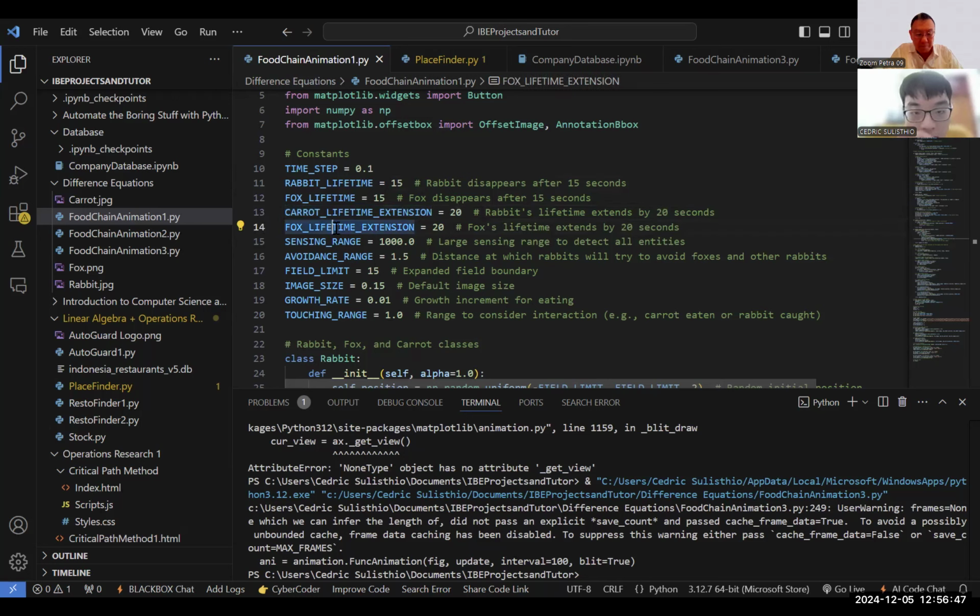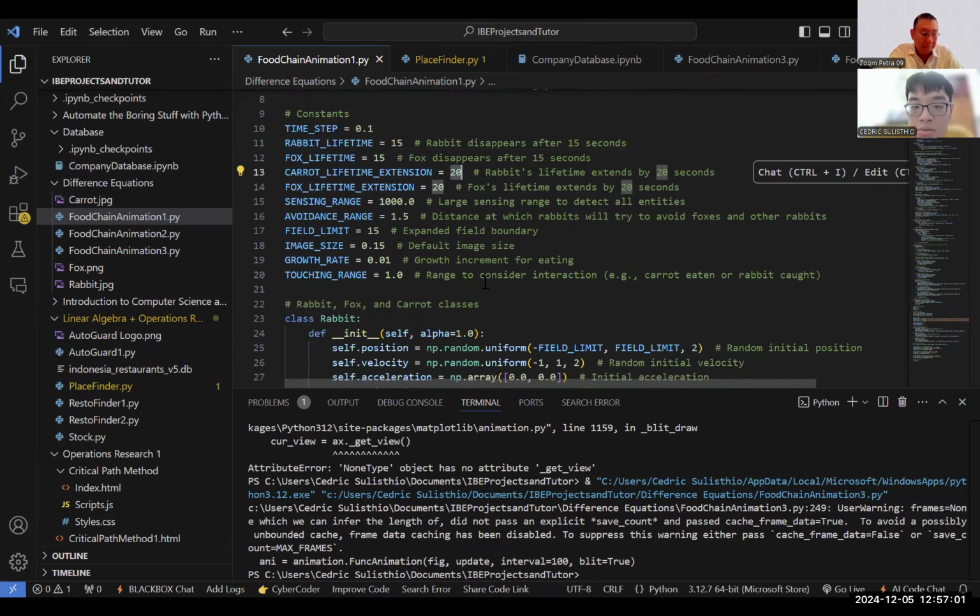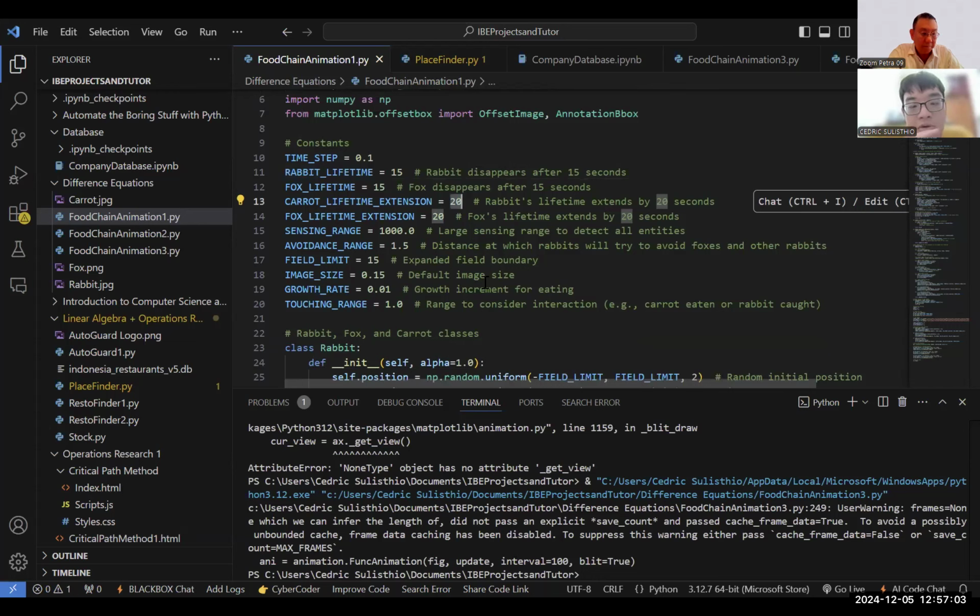It's also the fox's responsibility to find the rabbit. If the fox manages to find the rabbit, it will extend only by 20 seconds. But if it fails, then it will die. I think there's a small error in the animation for this one.